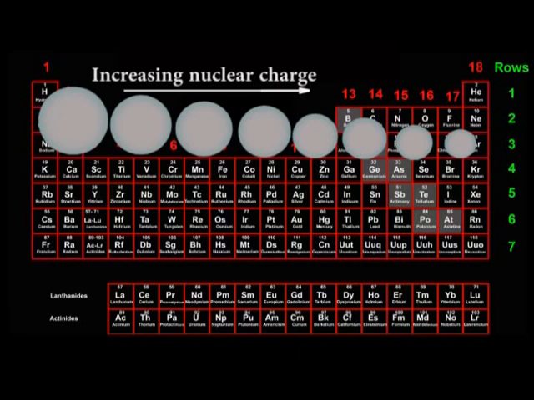The forces of attraction between the nuclei of these elements and the electrons in the outermost energy levels progressively increase across the period. As a result, the electrons in the outermost energy level are pulled closer to the nucleus, thereby decreasing the size of the atoms across the period from sodium to argon.